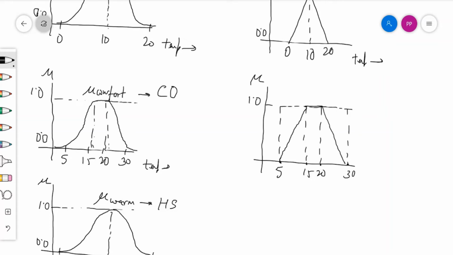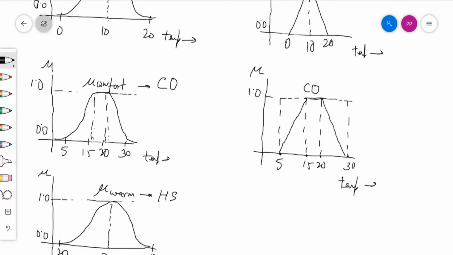So you see that this has the trapezoidal shape with comfort zone. So I mentioned here COF for comfort, and later we will see how beautifully this shape is defined in fuzzy logic. So let us go a little ahead.